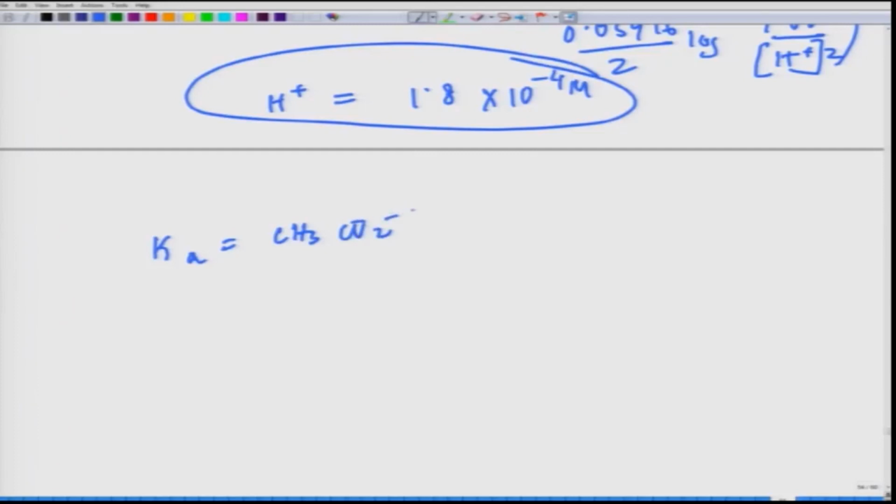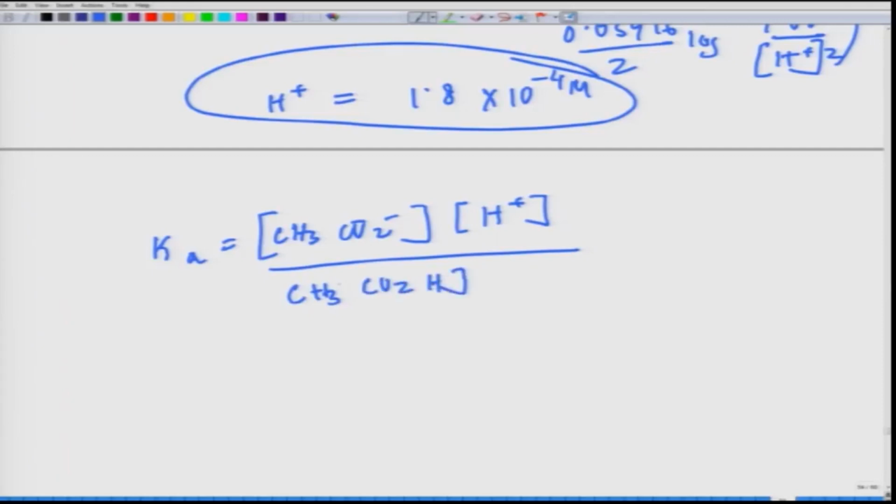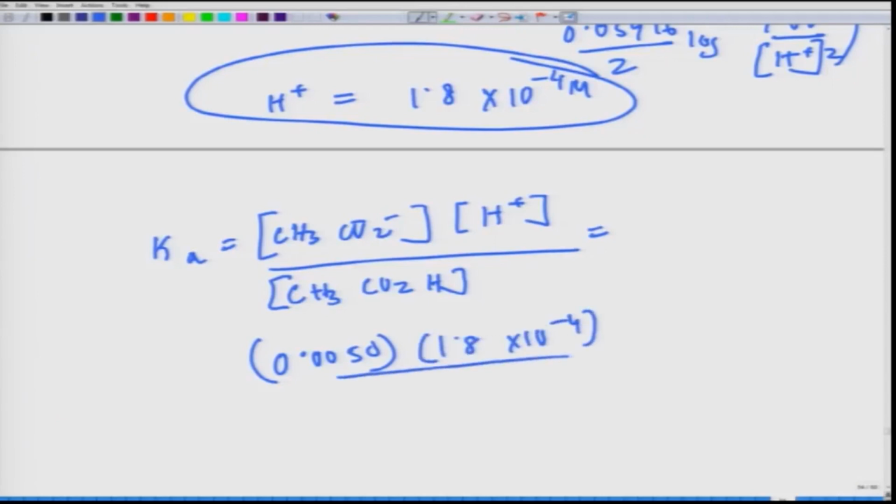If you remember on the left hand side how the concentrations of these were shown, CH3CO2 and H, and if you insert the values now, this is what you are going to get. And that brings us to 5.